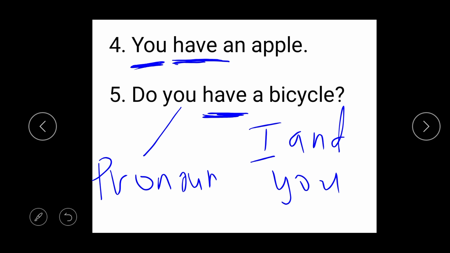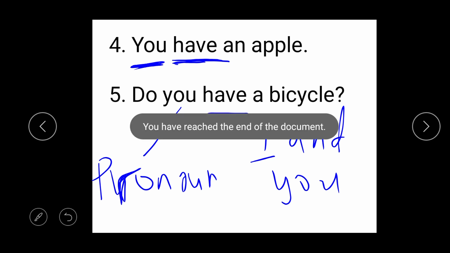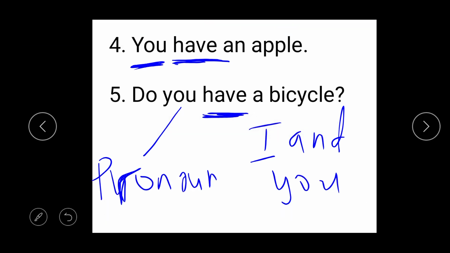And we said that the pronouns you and I take the verb have. You have a bicycle. Okay? So that is it with the use of have and has.